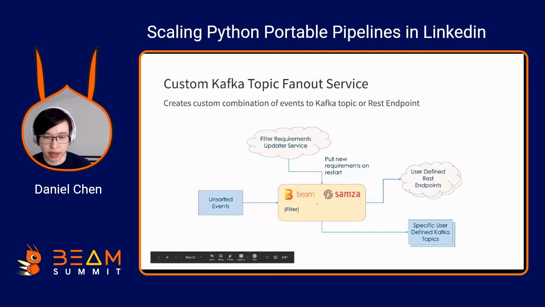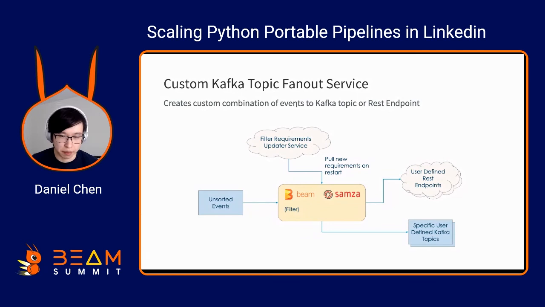They enter their requirements into the filter requirement updater service. After X amount of time, this filter requirement gets updated. They add their destination, the filter is updated and the destination is updated. When both of those are updated, this job can filter the events and send them to the destination that they want.